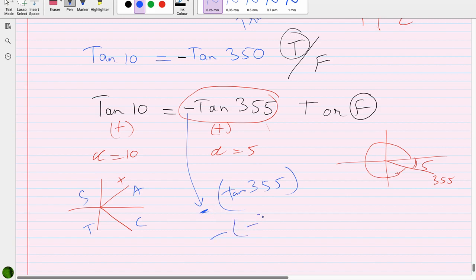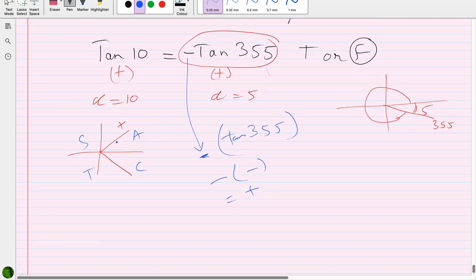So negative into negative would result in positive. Both are positive, but that was to create confusion. Both are positive, but they do not have the same value because the first basic angle is 10 and the second basic angle is 5. The basic angles are different, so they'll have different values.